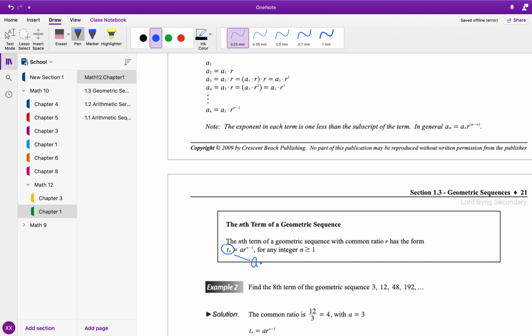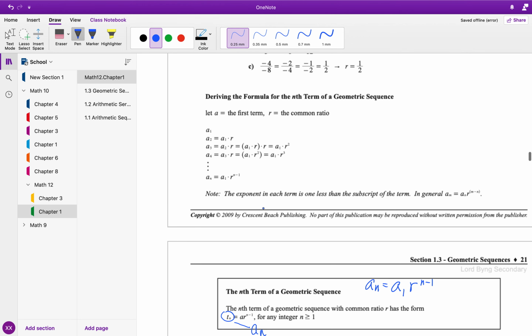I still don't understand why they need to use Tn for the nth term. But the nth term, of course, is An. So An equals A, which is your A1, times the common ratio R to the power of n minus 1.